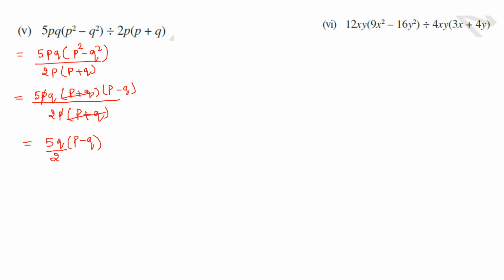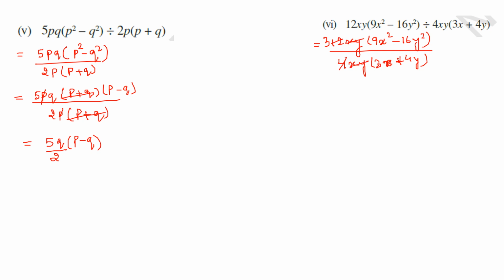Sixth one, 12xy multiplied by 9x square minus 16y square, divided by 4xy multiplied by 3x plus 4y. Okay. So if you can see, 4 table 12 comes, so 4 times 3, and xy will get cancelled.